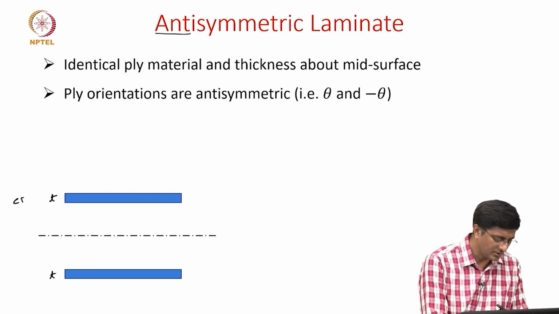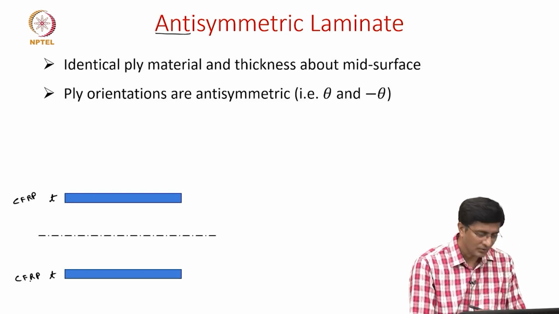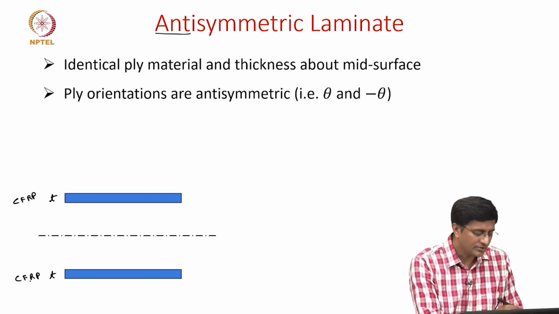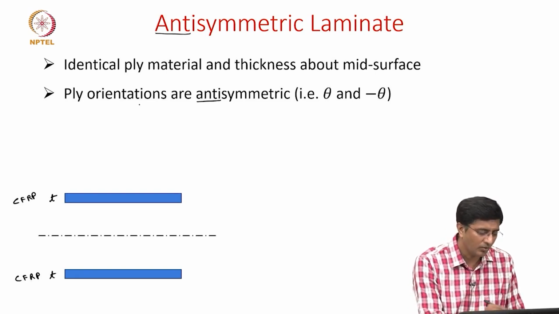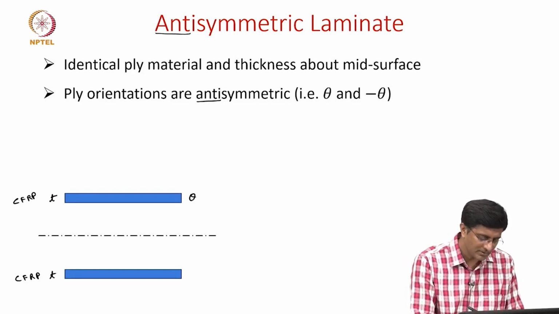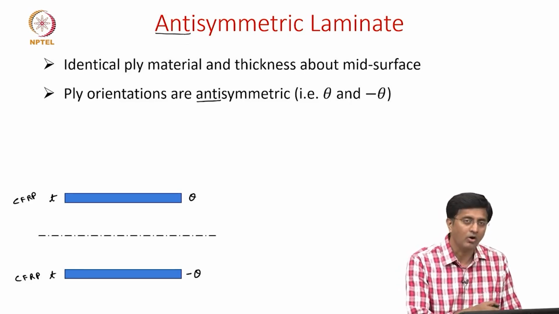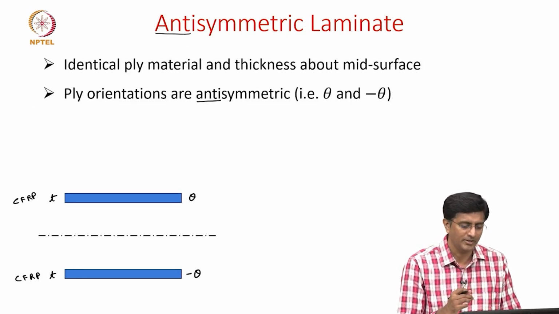Let's say if this is CFRP, this is also CFRP. But the only difference is the ply orientations are antisymmetric. What do we mean by orientations being antisymmetric? Meaning if one of the layers is plus theta, the other layer will be minus theta. That's the only difference. This applies for all the layers in the laminate.